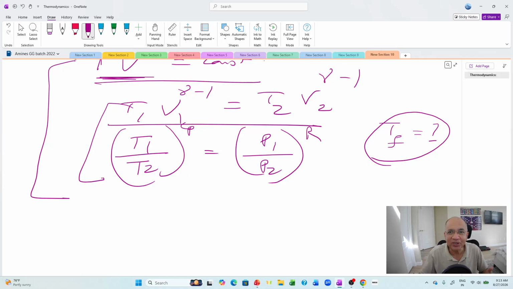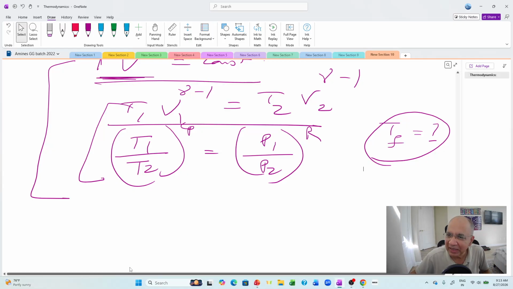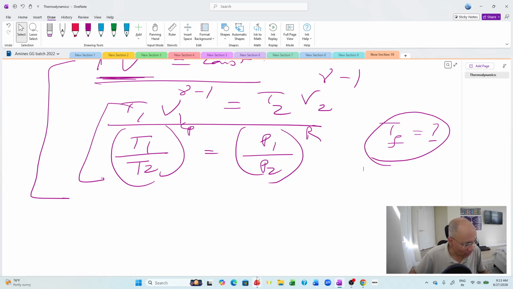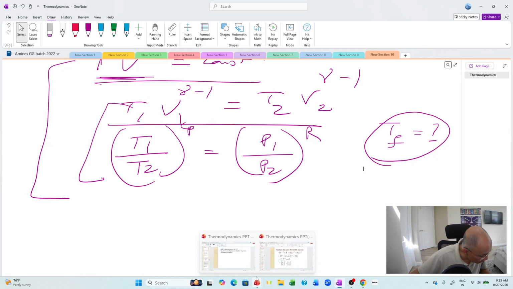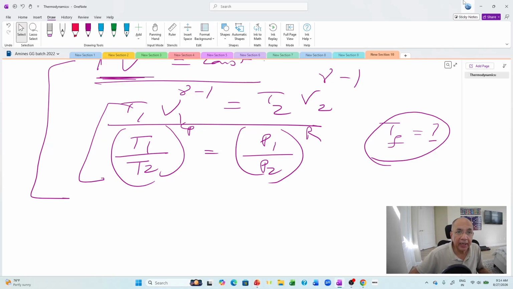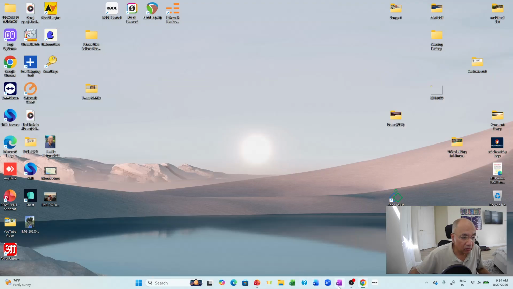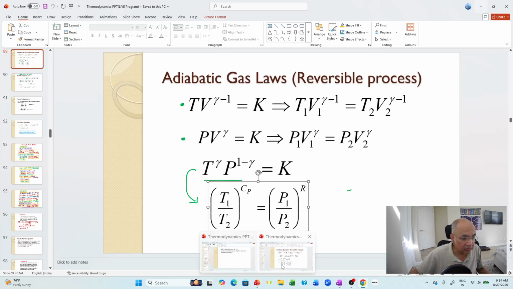How these laws have been derived has been shown, you can understand. You guys are very good. So let us solve a problem now together.